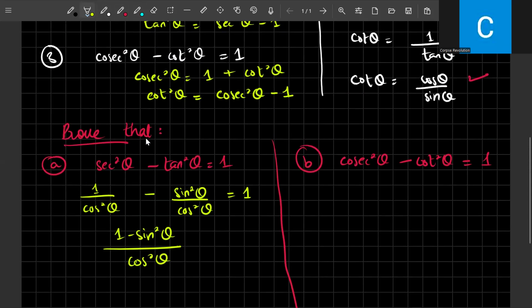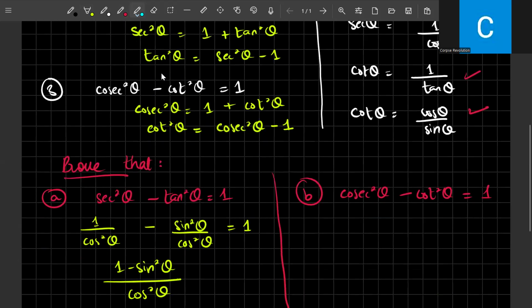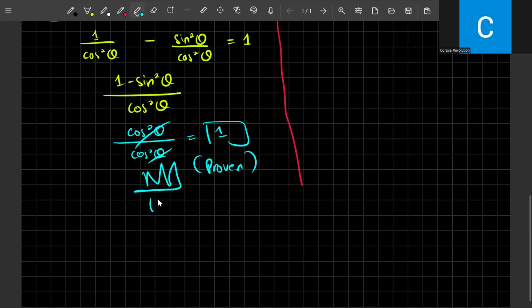Now notice that 1 minus sine square theta is the same thing as cos square theta. The question is simply rearranging this identity. So we can write 1 minus sine square theta as cos square theta. Cos square theta over cos square theta cancels out, and this is equal to 1, thus proven.